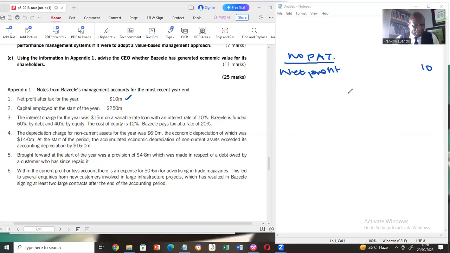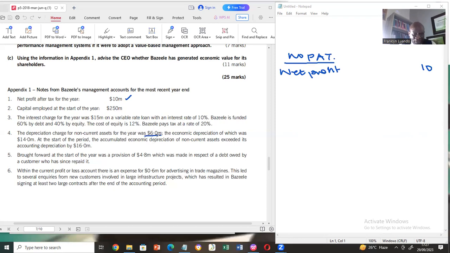We can add back accounting depreciation. We are told the accounting depreciation is how much? 6. Accounting depreciation for the year is 6, which is stated there.